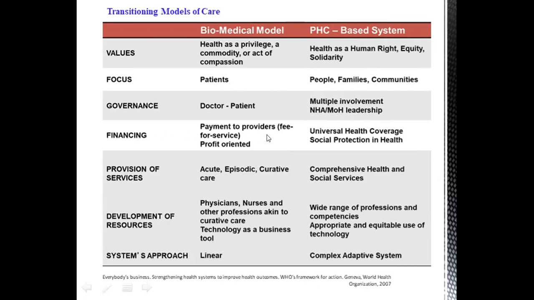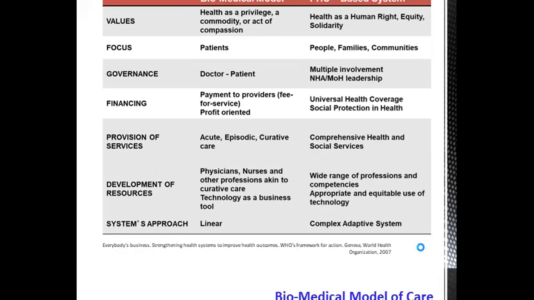Financing in the biomedical model is payment to providers, fee for services, profit oriented, whereas primary healthcare uses universal health coverage and social protection. Provision of services is acute, episodic, and curative in biomedical care, whereas primary care is comprehensive with social services. Developmental resources include physicians, nurses, and other professions, while primary healthcare includes a wide range of professions and competencies. The system approach is linear in biomedical care and a complex adaptive approach in the primary healthcare system.